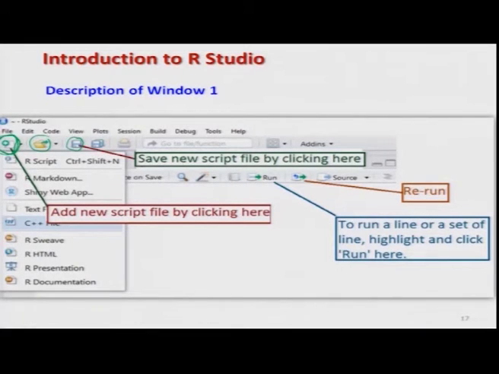This is a place where we click to run the program, and if we want to rerun the program, then we need to click over here. Right. These lines can be a single line, or they can be multiple lines which have to be run.